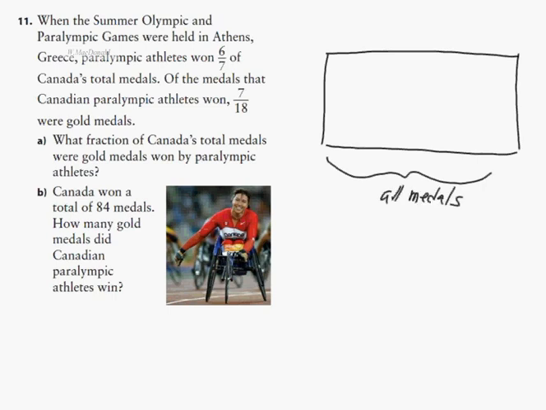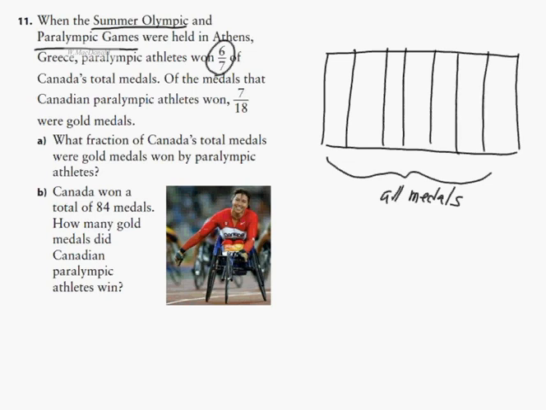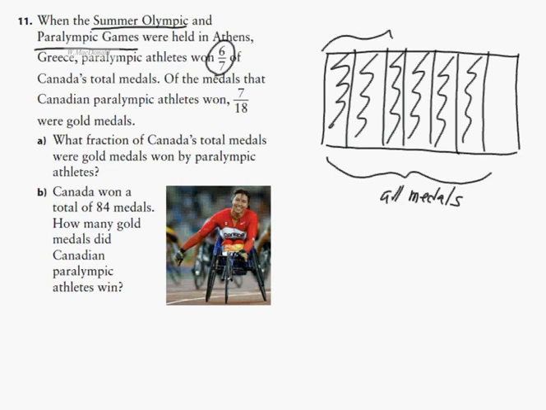But 6/7 of all the medals we've won in both the Paralympic Games and the Summer Olympics, of all the medals Canada won, 6/7, or 1, 2, 3, 4, 5, 6 groups, 1/7, 2/7, 3/7, 4/7, 5/7. All those medals I just shaded in are all the medals that Canada won at the Paralympics. This would be Paralympics. This would be the regular Olympics.